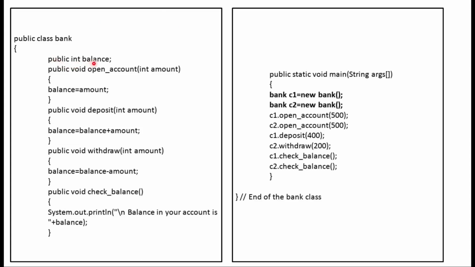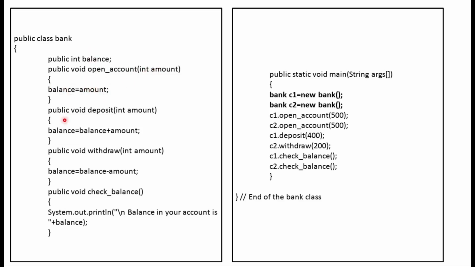So you have a variable called balance. Now these are the functions: open account, deposit, withdraw, check balance. These four functions we are implementing. Very simple. As soon as any customer wants to open an account, they'll specify that amount. That amount comes to this particular variable called amount. This amount I'm initializing to balance. So if the amount specified by the user is 500, this 500 is initialized to the variable called balance.